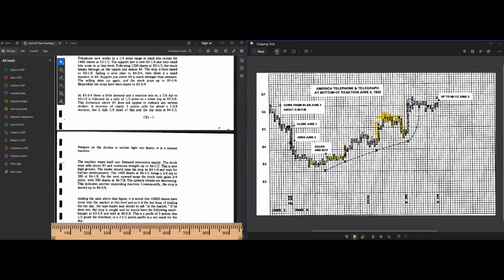It made a higher high with a shortening of the thrust and started going sideways, building volume sideways, and he was concerned because of the shortening of the thrust, saying that is telling me that there's an impending reaction, so let me move my stops up here.